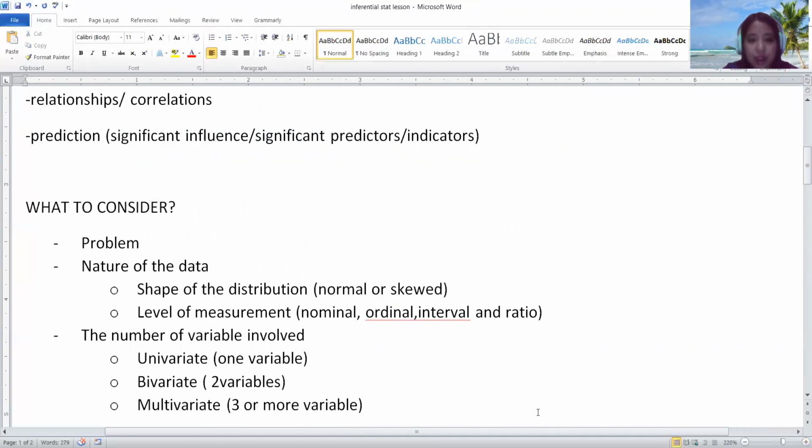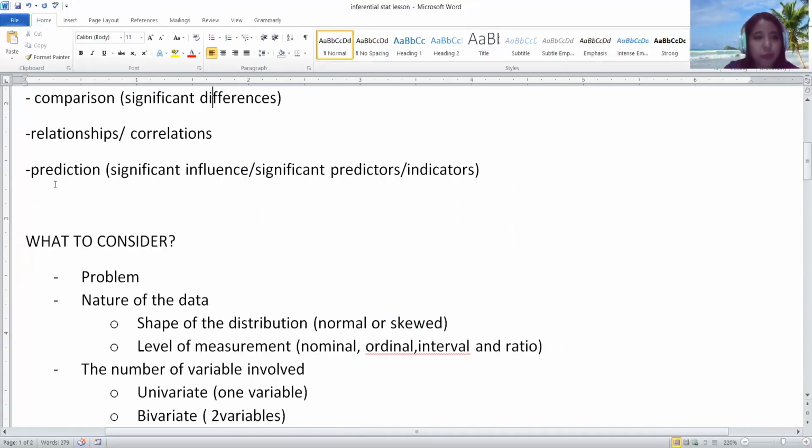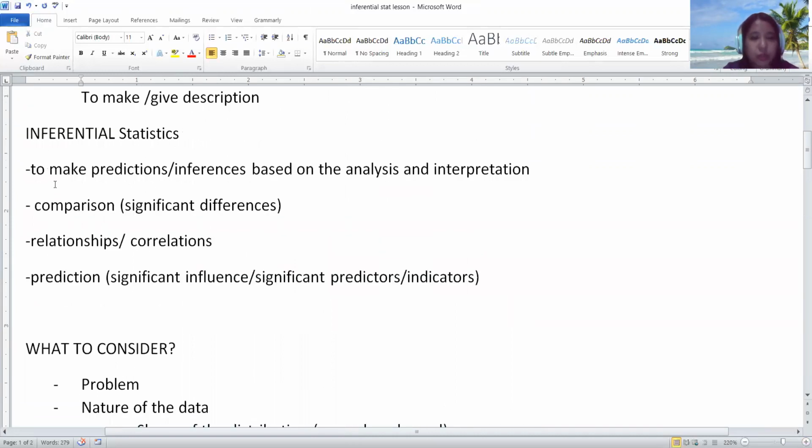And if we want, for example, to determine the significant difference between our variables when grouped according to profile variables, we're going to use a test for comparison.